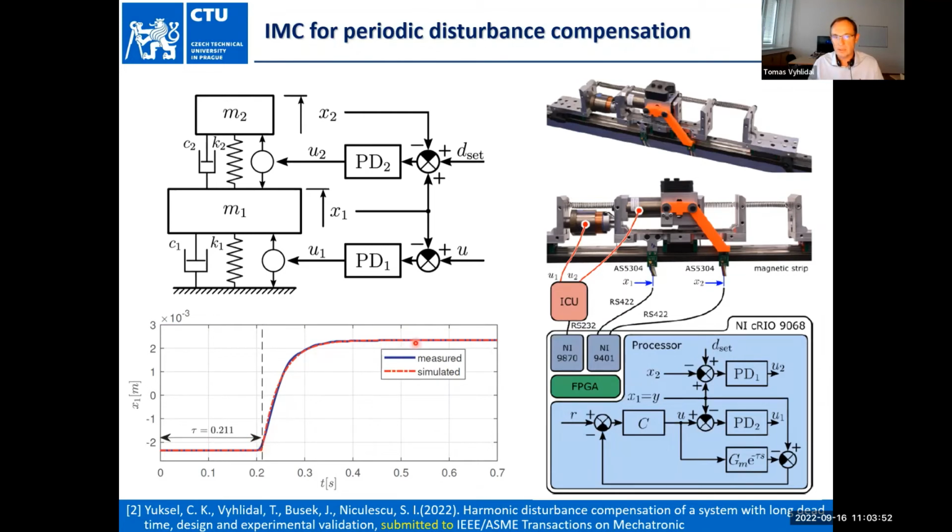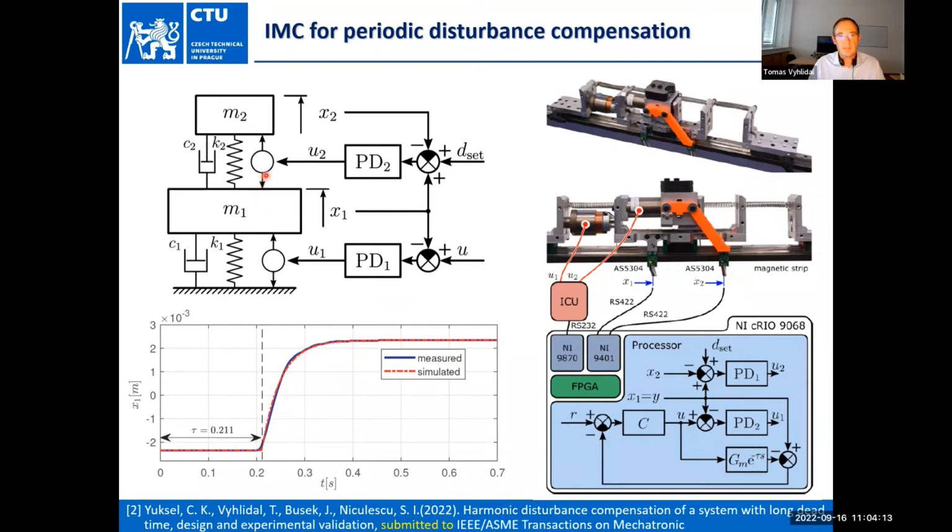To gain this, we involve two inner loops in the control. So at the end, if we take the response from the control action to the position x1, which is controlled, we get this type of step response.